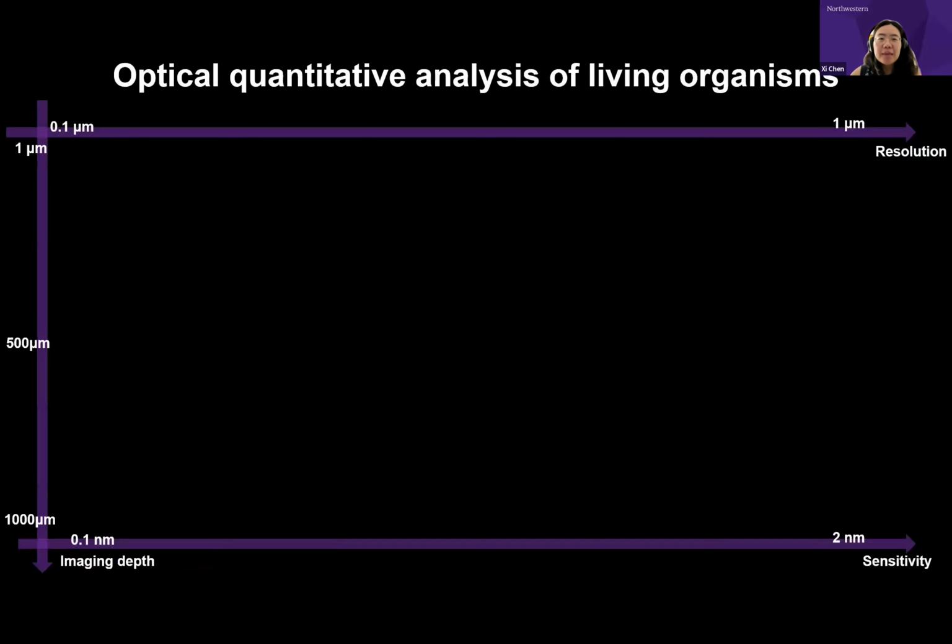So let me give you an overall picture of what I'm going to talk about today. We're going to focus on imaging systems. We still want those imaging systems to have subcellular resolution, so about 0.1 micron to 1 micron resolution. For imaging depth, we want to image a variety of different biological systems. Single layer cells will give us an imaging depth of about tens of microns, but we still want to keep the resolution diffraction limited.